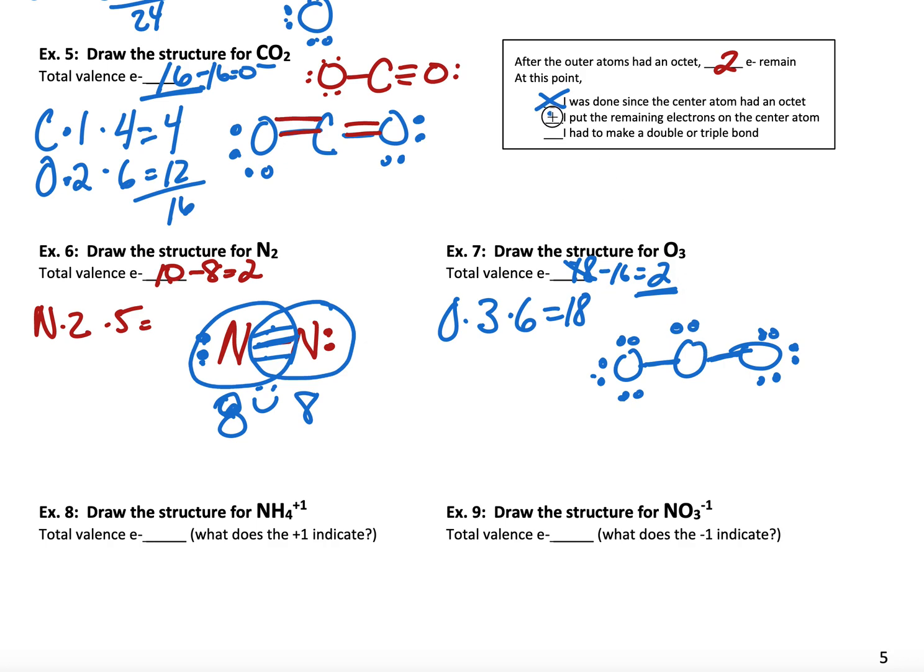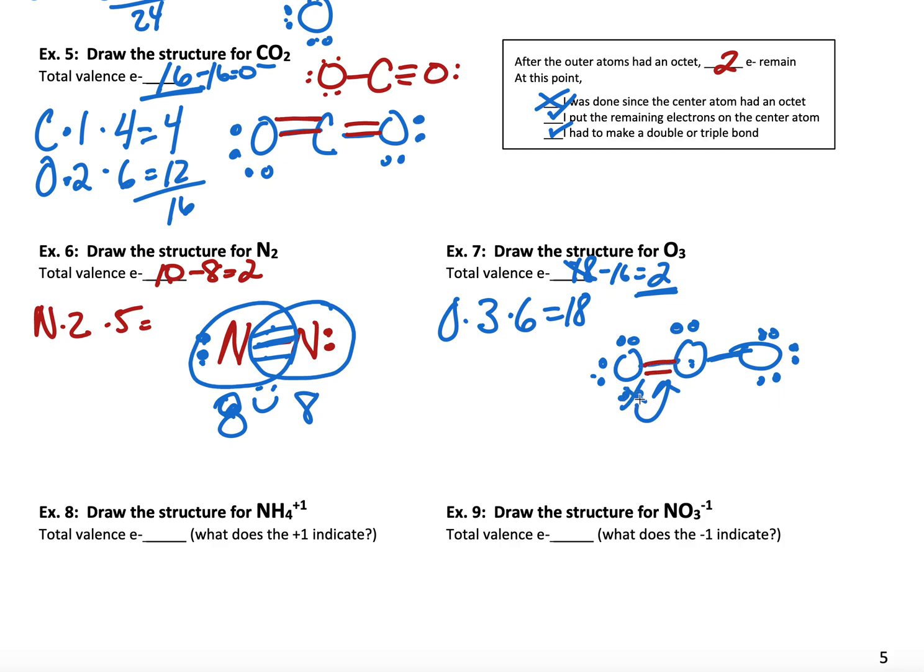You can do more than one. You can put the remaining electrons, realize you still don't have enough, and then you can do this step: make a double or triple bond. So in this case, the center oxygen is going to look, eeny, meeny, miny, mo, at one of the sides, doesn't matter, and say, can you share with me? And that oxygen says, sure, let's make a double bond there.